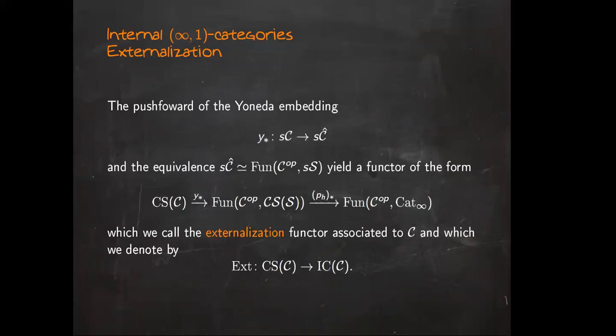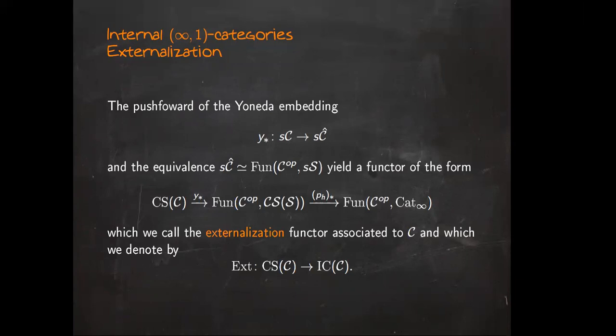All right, so having an internal notion of a category in C, we can externalize that thing. This is a construction that existed for ordinary categories, and it exists for higher categories as well in the following sense. Having the Yoneda embedding for C, we can consider the push forward on simplicial objects, right?